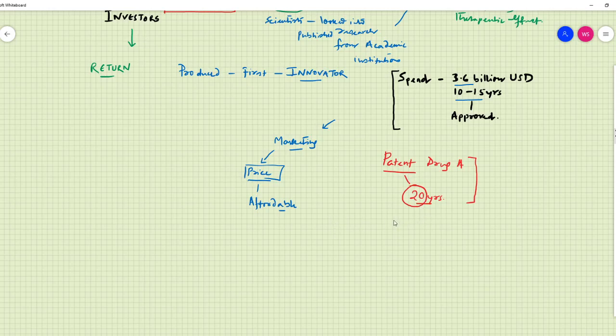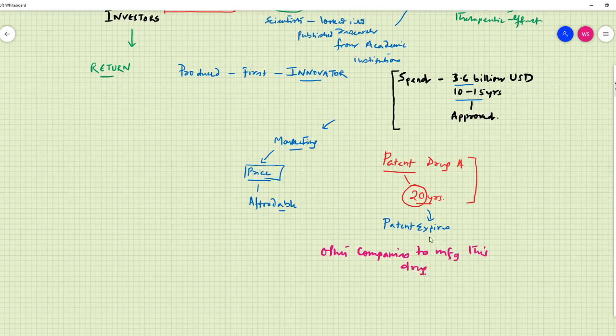So when the patent expires at the end of 20 years, okay, which means the field becomes open to other companies to manufacture this drug.